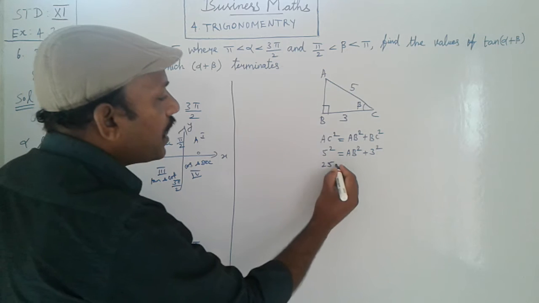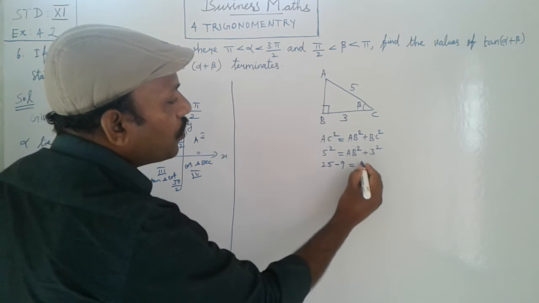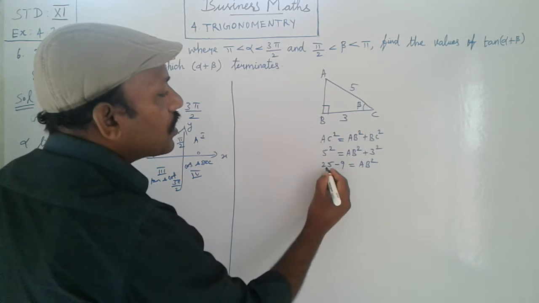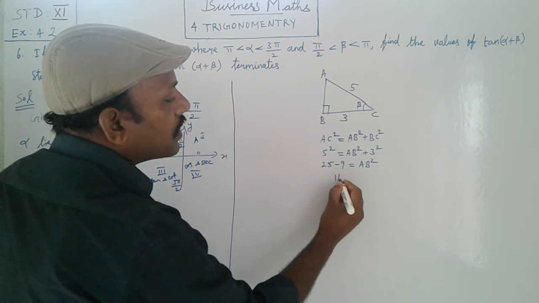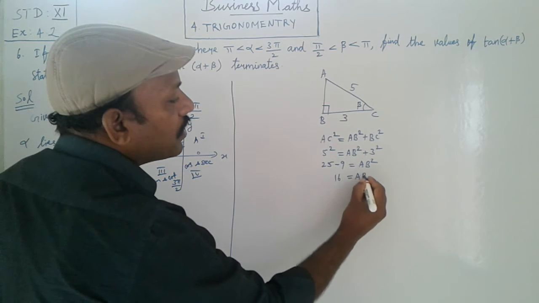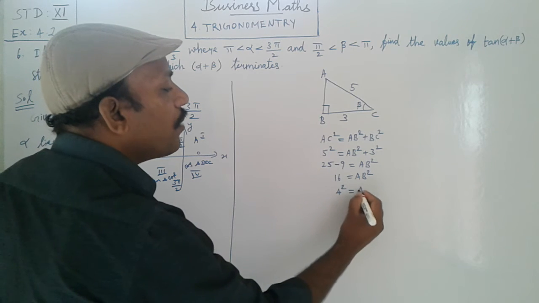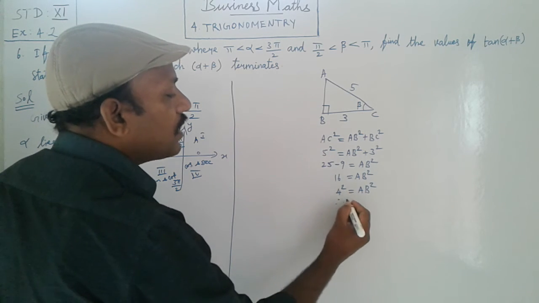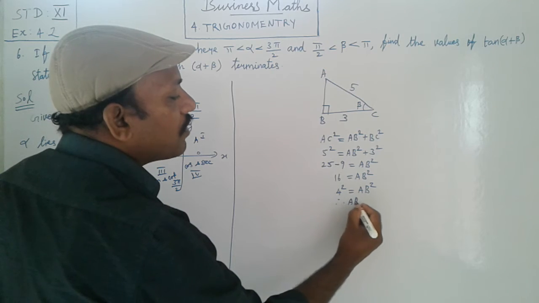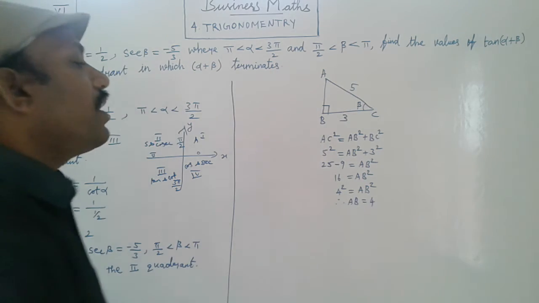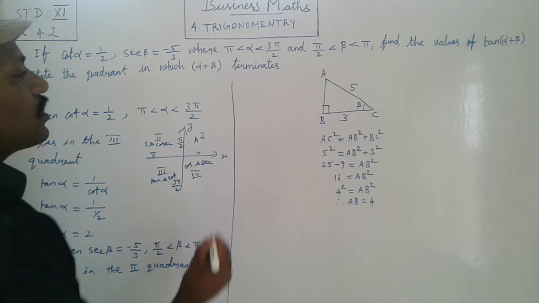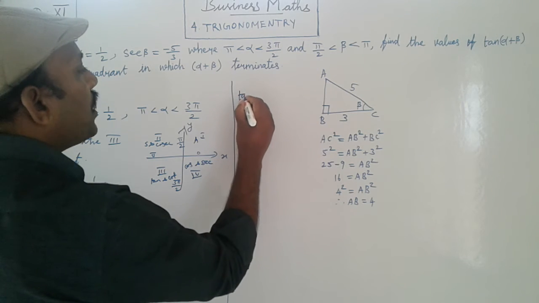Taking 9 to the left, 25 minus 9 is 16, equal to AB square. 16 is 4 square, so taking the square root, AB equals 4.